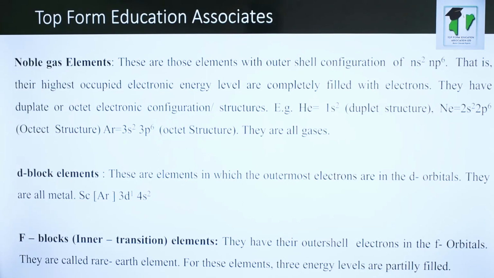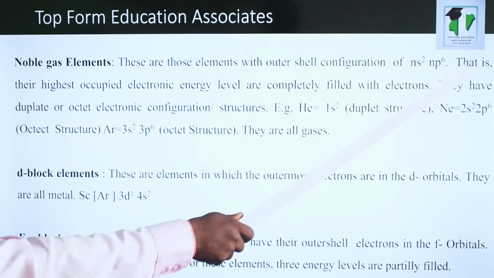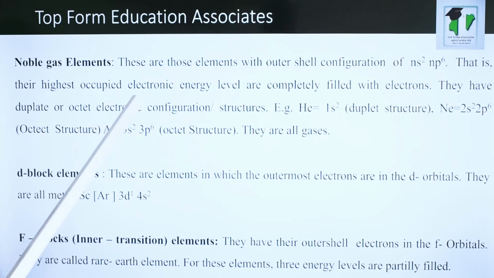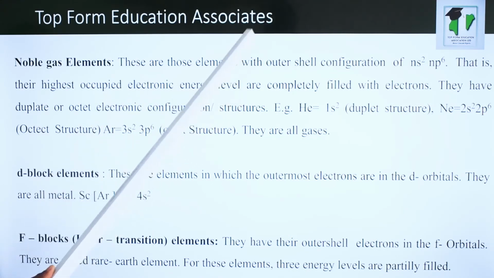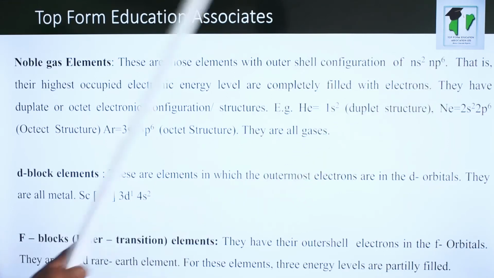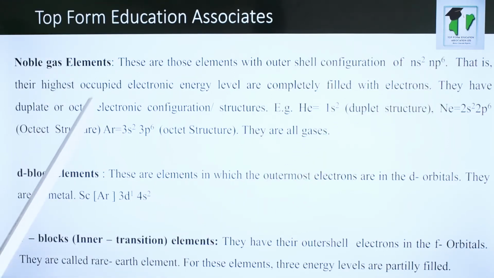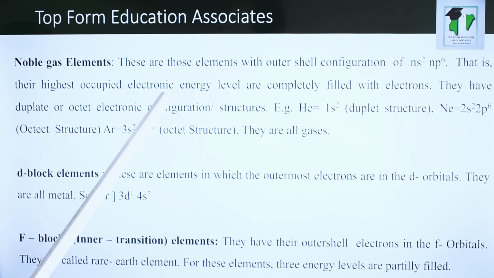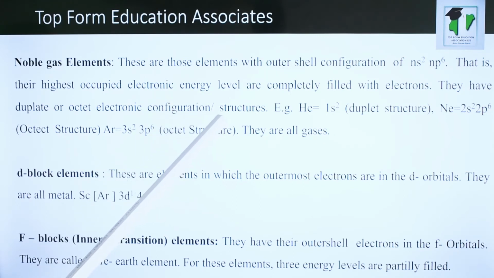Then the noble gas elements. These are those elements with outermost shell configuration of ns2, np6. That is, their highest occupied electronic energy level is completely filled with electrons. They have duplet or octet electronic structures.